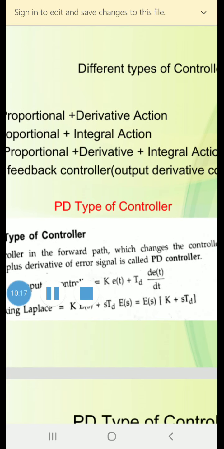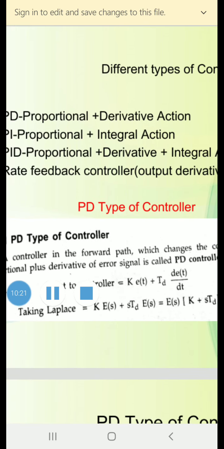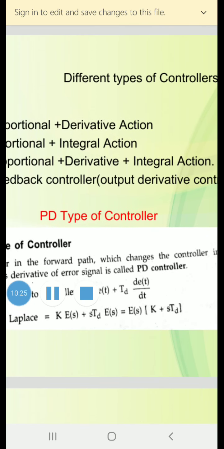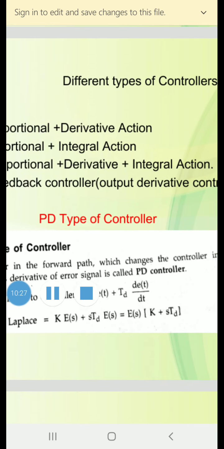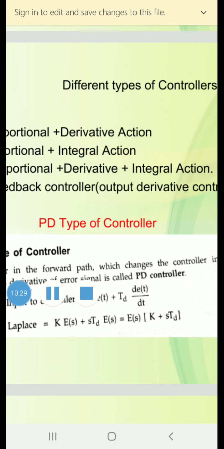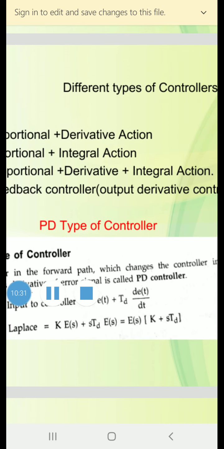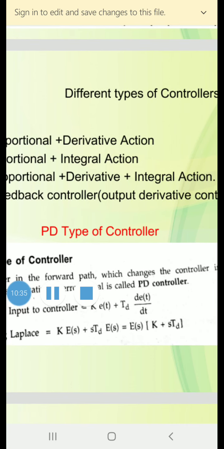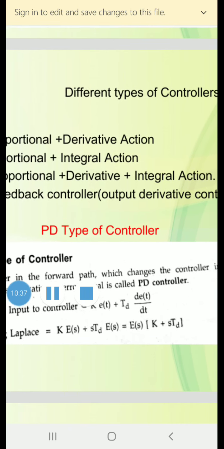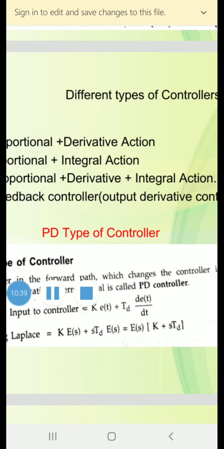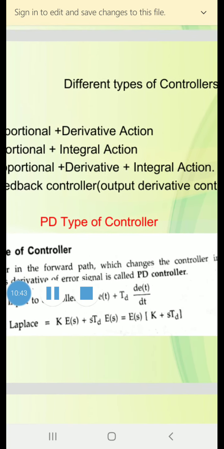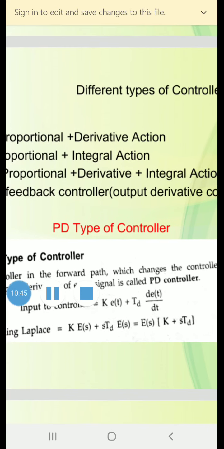Now we will see the PD type of controller. A controller in the forward path that changes the controller input to the proportional plus derivative of the error signal is called a PD controller.